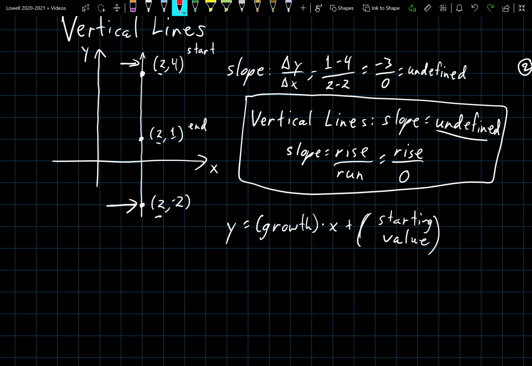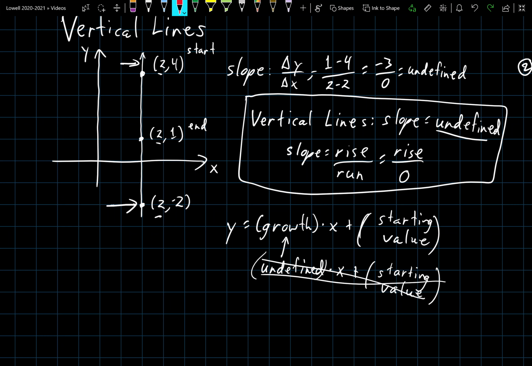But since the slope is undefined, I can't just say this. It's undefined times x plus the starting value. It doesn't really work that way, because undefined is not a number. So this will not work.